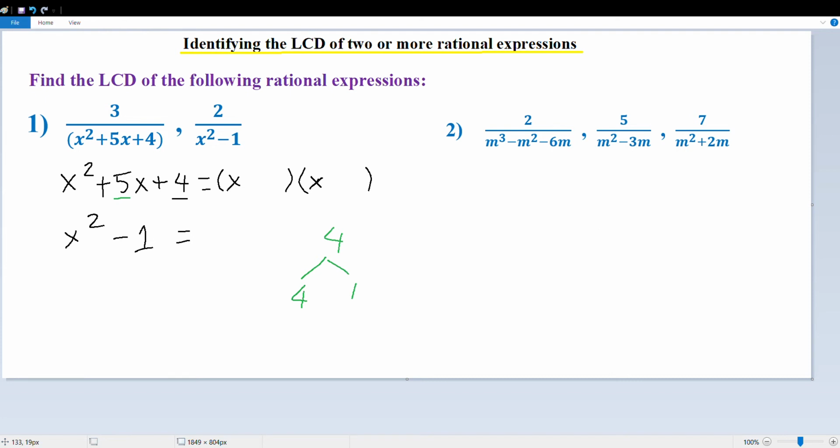So we'll write x plus 4 and then x plus 1.